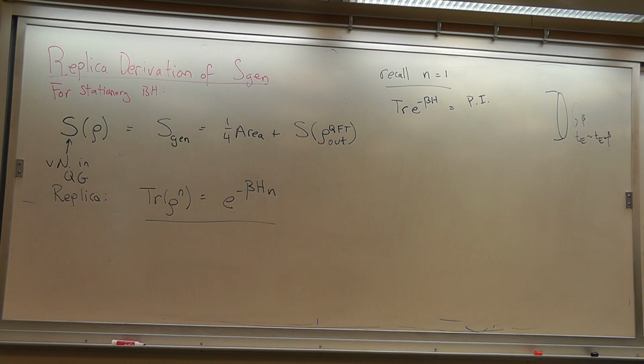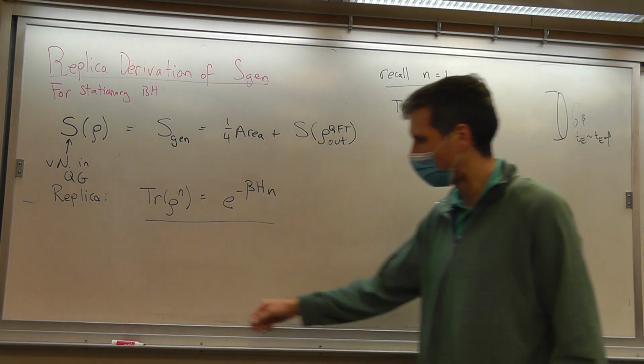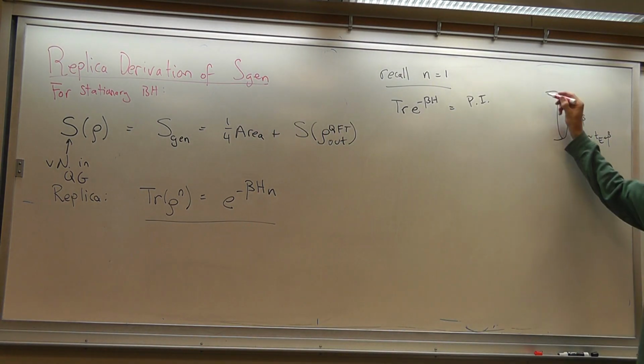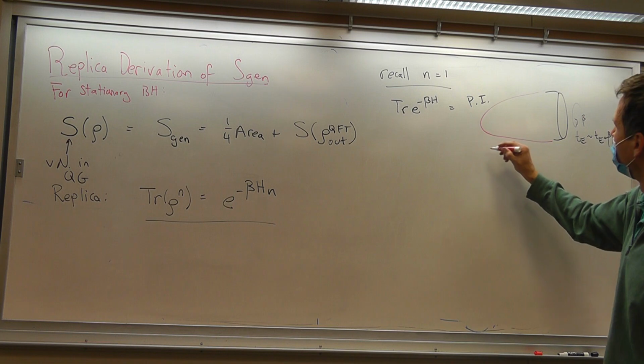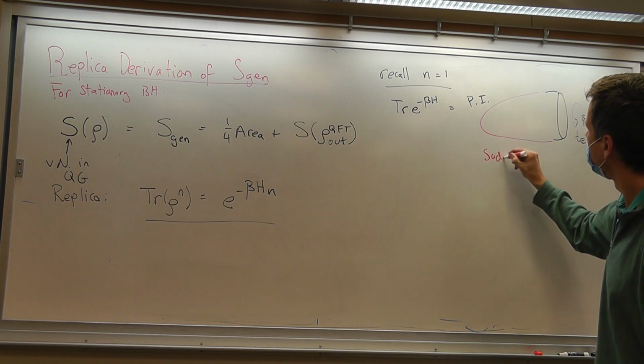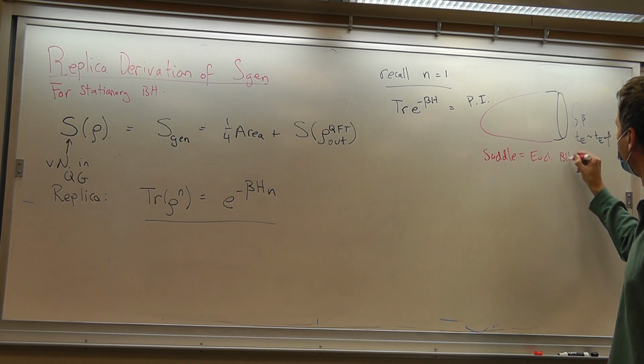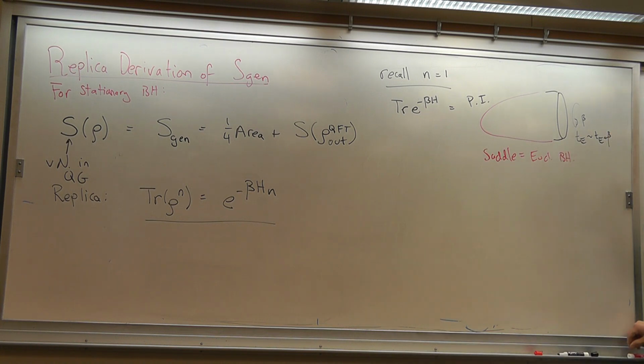And we said in the semi-classical approximation, you can calculate this path integral by the saddle point, and the saddle point is the Euclidean black hole.